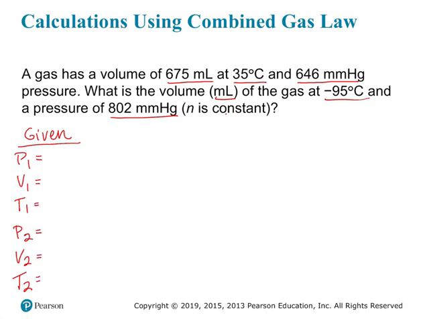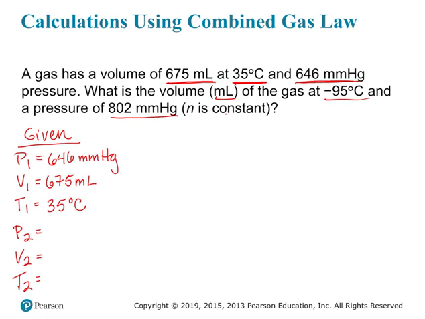All right, now I'm going to just identify which one is which. So we're given an initial volume, V1, of 675 milliliters. We're given our initial temperature of 35 degrees Celsius and our initial pressure of 646 millimeters of mercury.